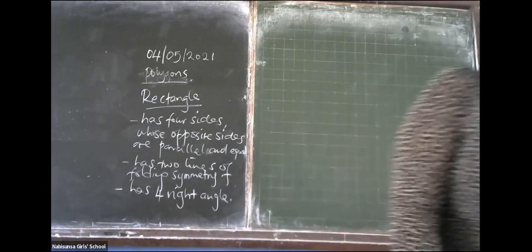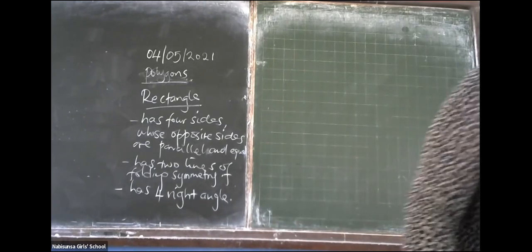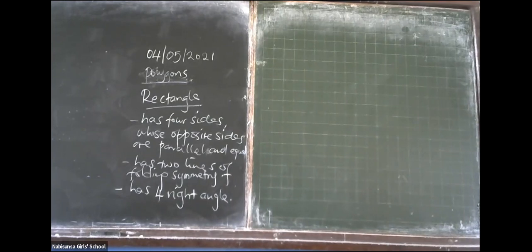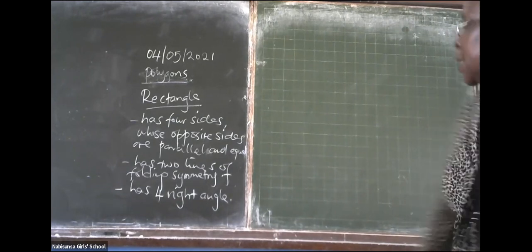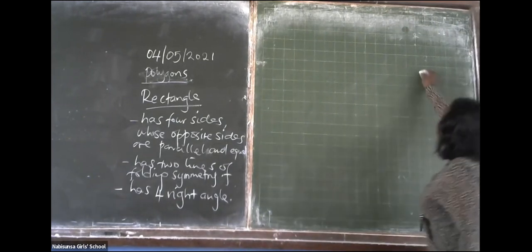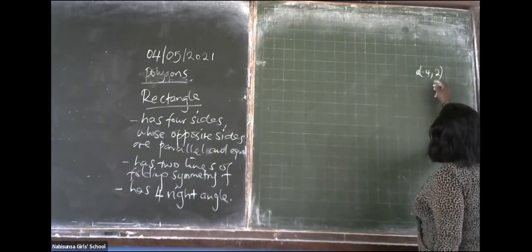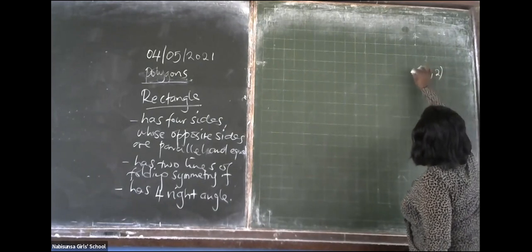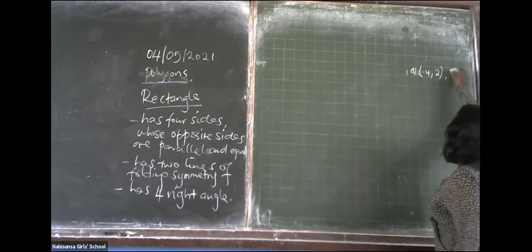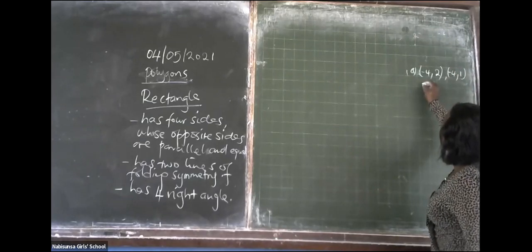Now we are moving to question number 2. We have part A. The coordinates of the three corners of a rectangle are given. Find the coordinates of the other corner. Negative 4, 1, 6, 1.